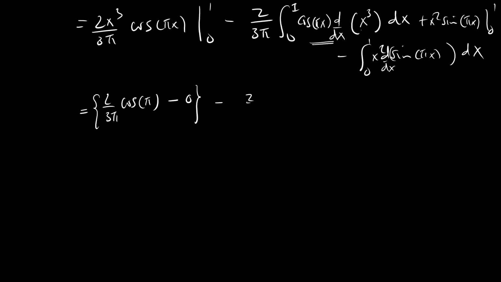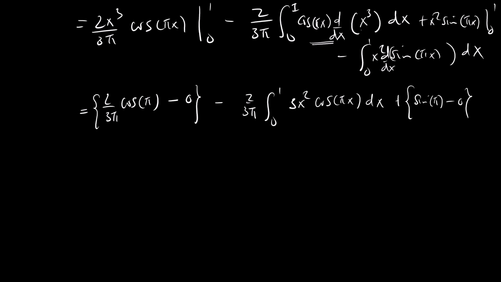So we have 2 over 3 pi, integral from 0 to 1 of 3x squared cosine of pi x, plus, minus 0, minus the integral from 0 to 1 of x squared cosine, there's a pi here, pi x.